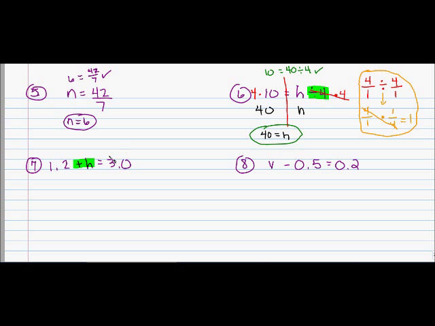I'm going to draw my line straight down so I know what I do to one side, I have to do to the other side. The opposite of positive h is a negative h. And what I do to one side of the equation, I have to do to the other side of the equation.